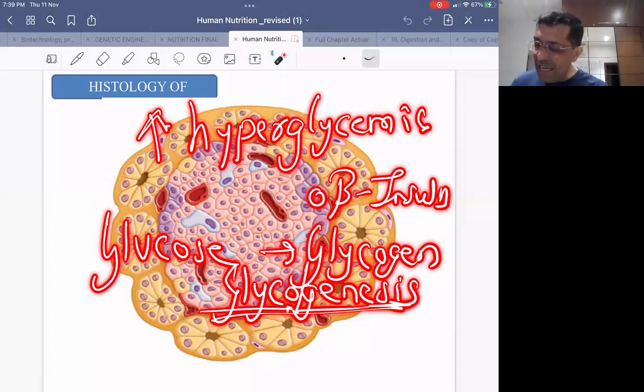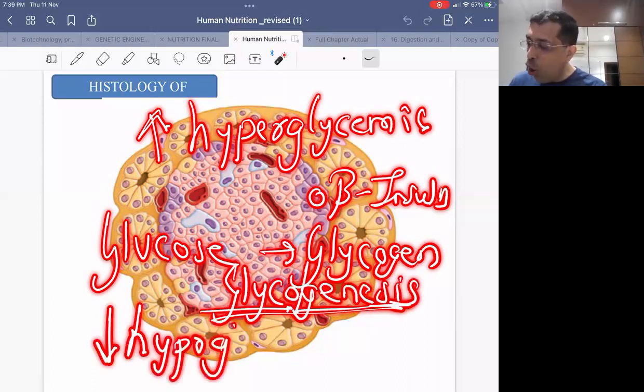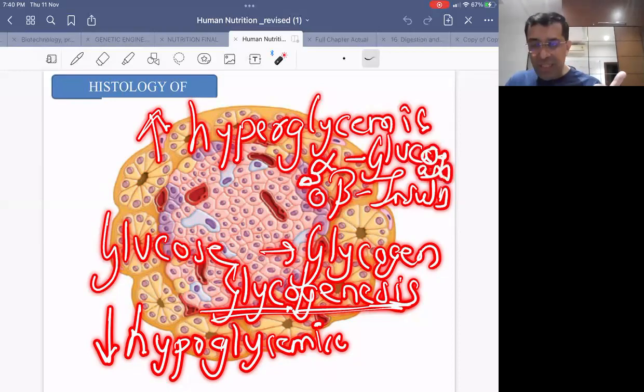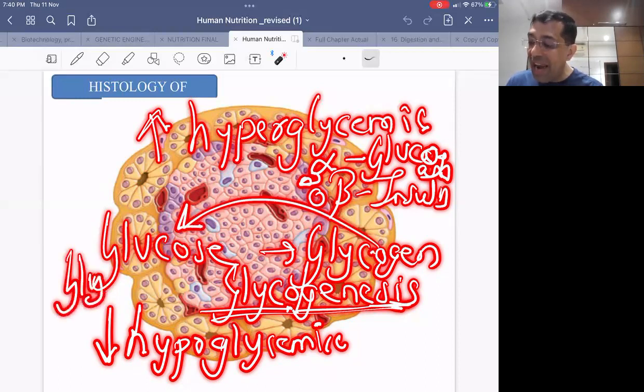And when you're not eating anything, when you are hypoglycemic, your blood sugar levels will decrease, your alpha cells will give out glucagon. And as alpha cells give out glucagon, it will act on your liver cells and your muscle cells and convert glycogen into glucose, which is called as glycogenolysis.